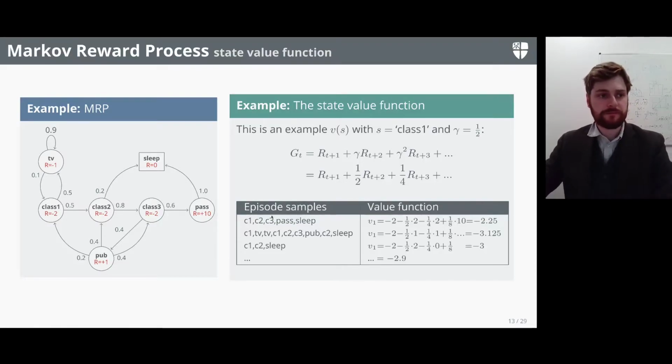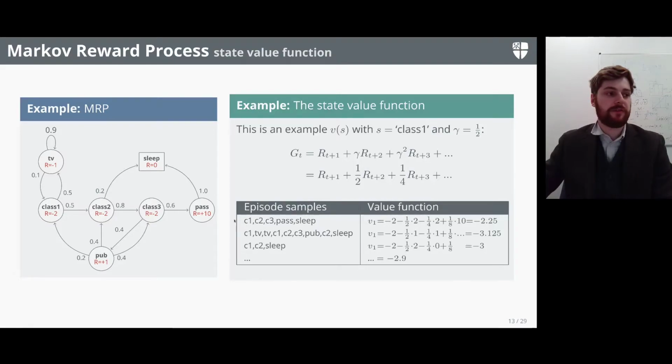For example, here's one episode where we go class 1, class 2, class 3, pass and sleep. Then we take the reward of -2 for being in class 1, that's over here. And then we add, well, in this case we're negating because we have a negative reward, the reward of class 2 as it's discounted by gamma.